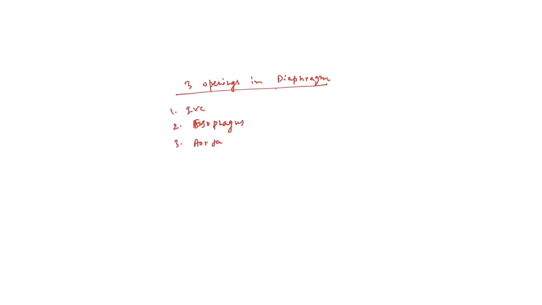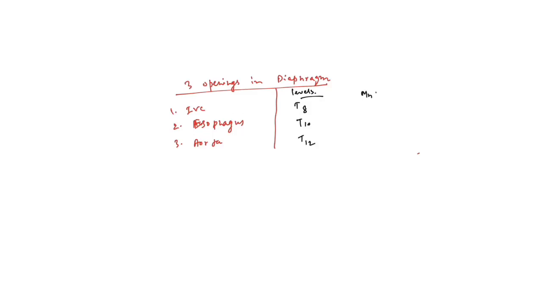So to remember it, these are the levels. So IVC is at T8 level, esophagus is at T10 level, and aorta is at T12 level.